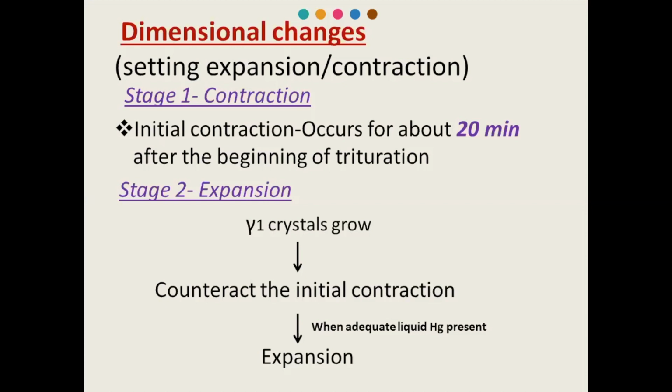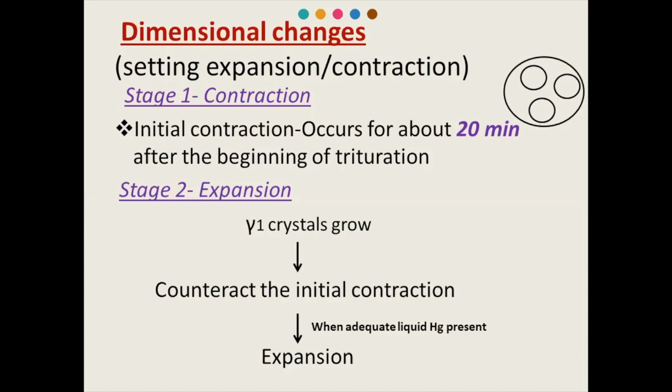Now how does this contraction occur? Once you start mixing amalgam alloy with the mercury, after 20 minutes there is a starting of initial contraction. This contraction results as the alloy particles dissolve in the mercury, and there is formation of gamma phases. Now these gamma phases start to form, and they start to grow.